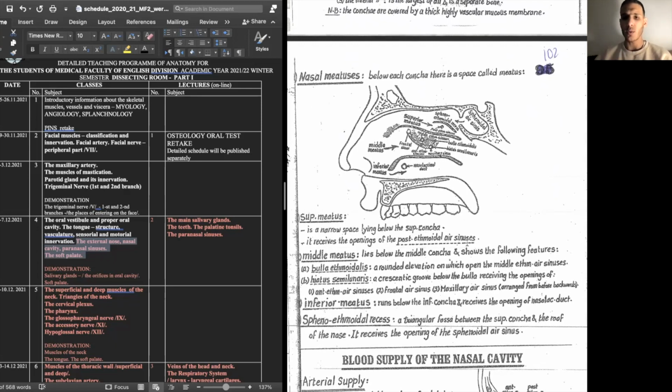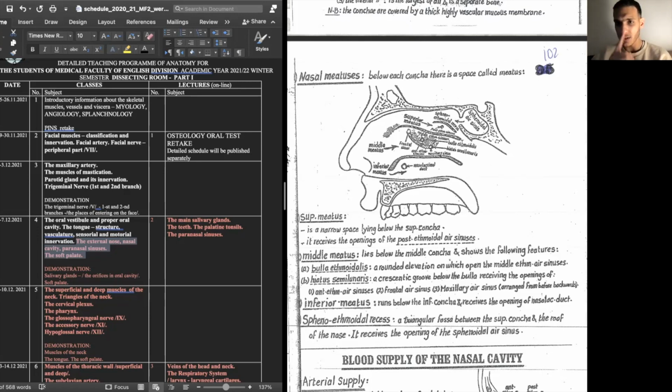Now, this is where we are discussing how the paranasal sinuses empty and where they lie. This is very important because that's where the lecturer wants you to know how the paranasal sinuses end and where they open. The paranasal sinuses are basically openings within bones, and these cavities open into spaces within the nasal cavity, which should be known. So the superior meatus receives the openings of the posterior ethmoidal sinus.